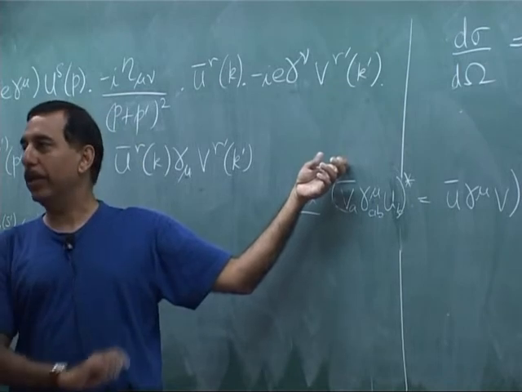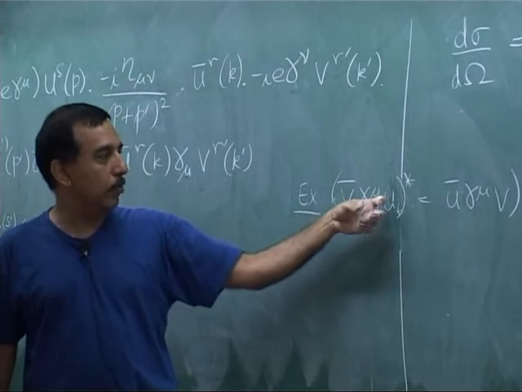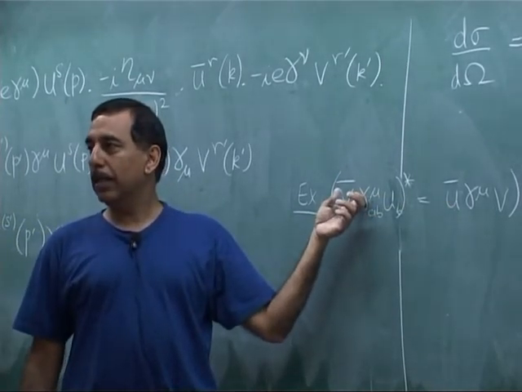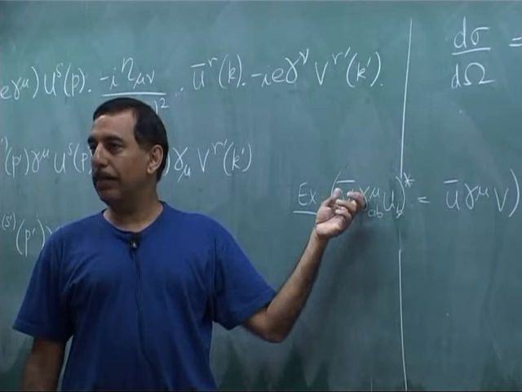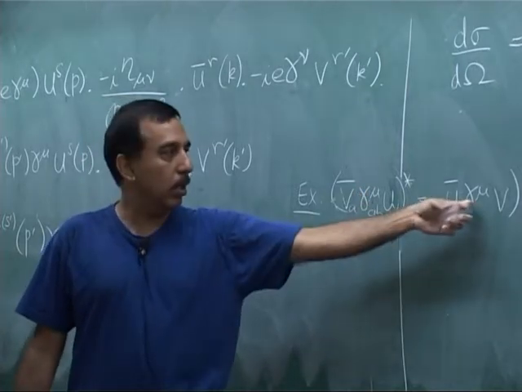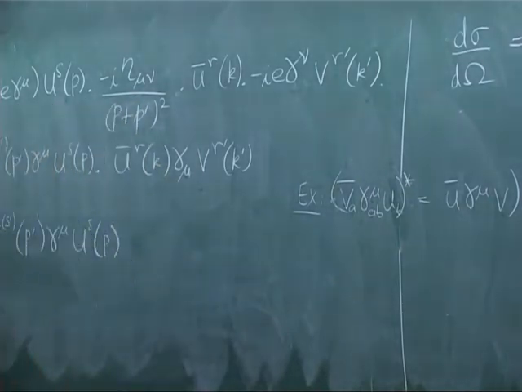That you have to show in your tutorial exercise. Once you show that, it's wonderful because U bar is here. What is gamma mu bar? It's just equal to gamma mu. That's why we constructed it that way. Gamma mu bar is gamma mu. And finally, V bar bar is V. So this is the exercise to show.